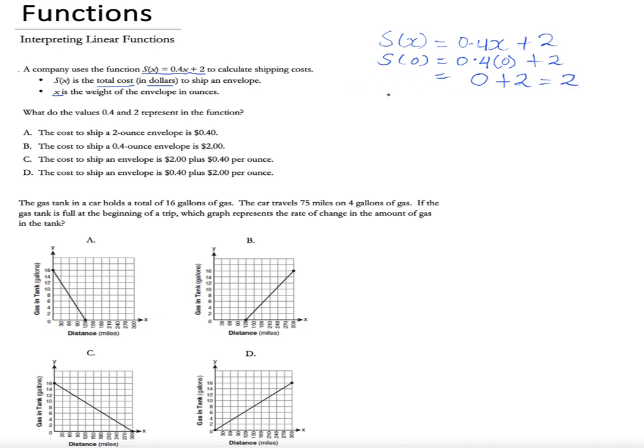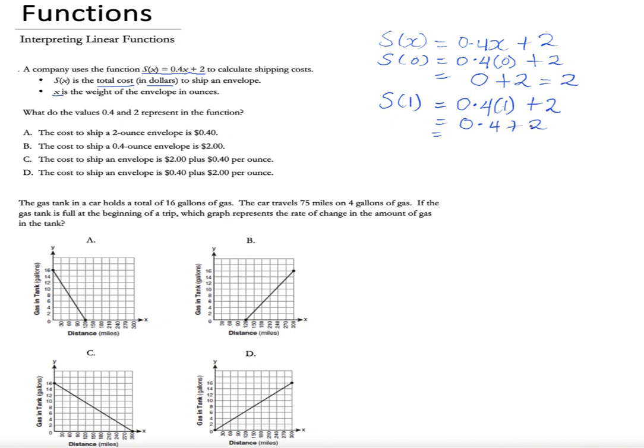Now suppose x is 1. So suppose your envelope weighs 1 ounce. How much will it cost to ship that envelope? That would be 0.4 times 1 plus 2. We know anything times 1 is itself, so that will be 0.4 plus 2.